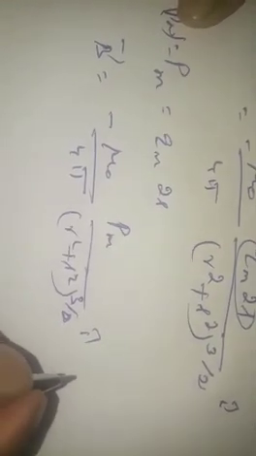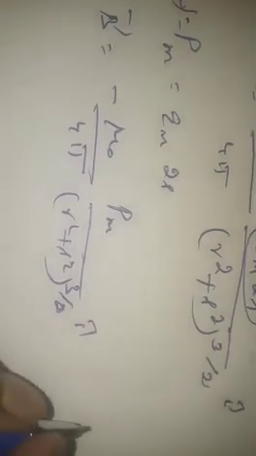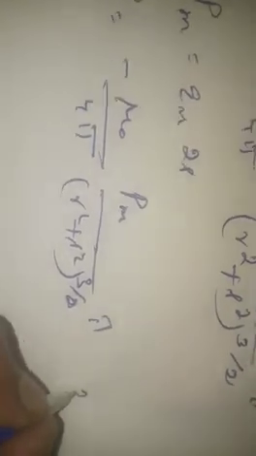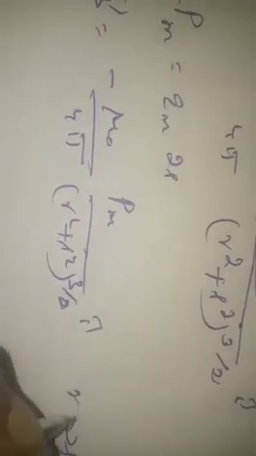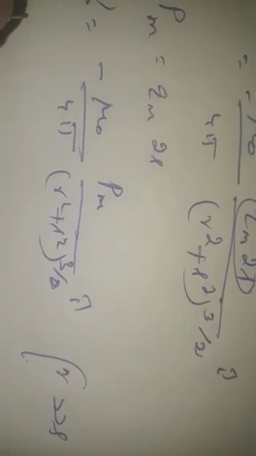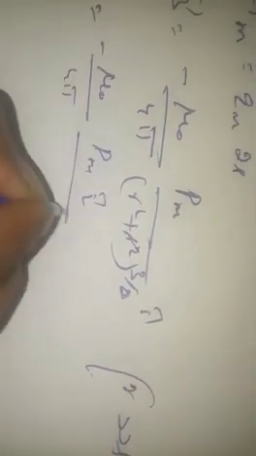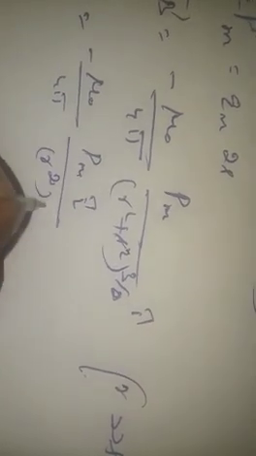Next, compare the distance. If the distance between the two poles in the bar magnet is very small when compared to the distance between the geometric center and bar magnet, that means R is very much greater than L. So this L term will be neglected. So we can write minus mu naught by 4 pi this Pm into I cap divided by R squared whole to the power of 3 by 2.